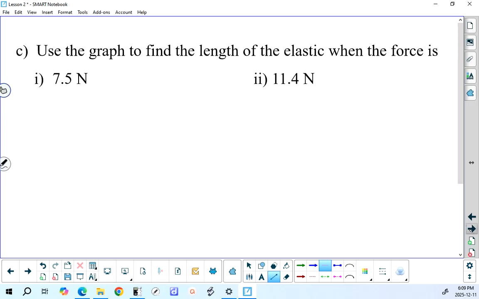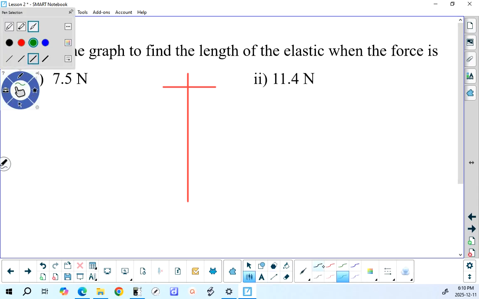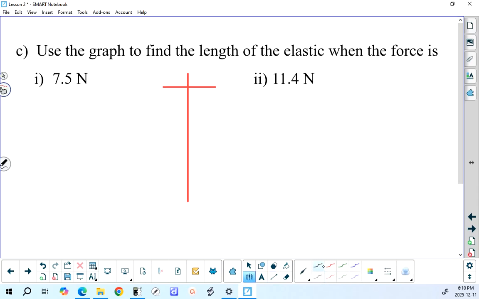We're going to use the graph now to find the length of the elastic when the force is 7.5 newtons and then when the force is 11.4 newtons. I like to do this whenever we're given these types of questions. It gets students in the habit of doing this, and later on, particularly in 20 level and 30 level math courses, this is part of a strategy that's helpful.